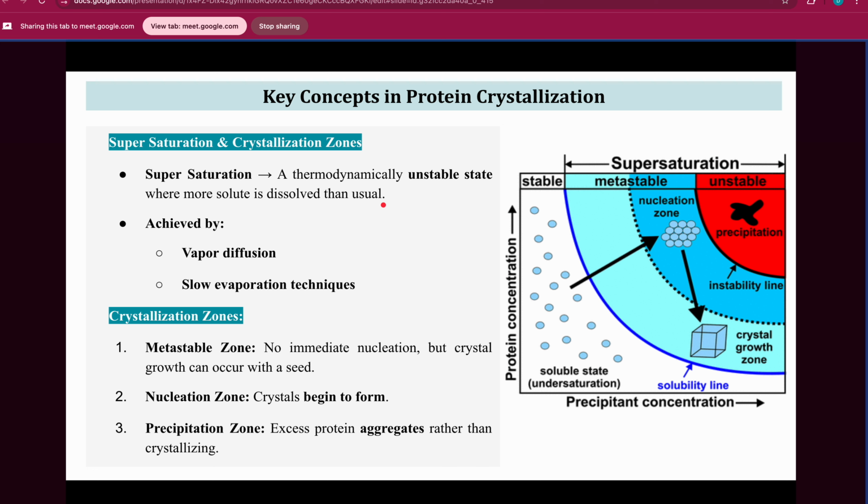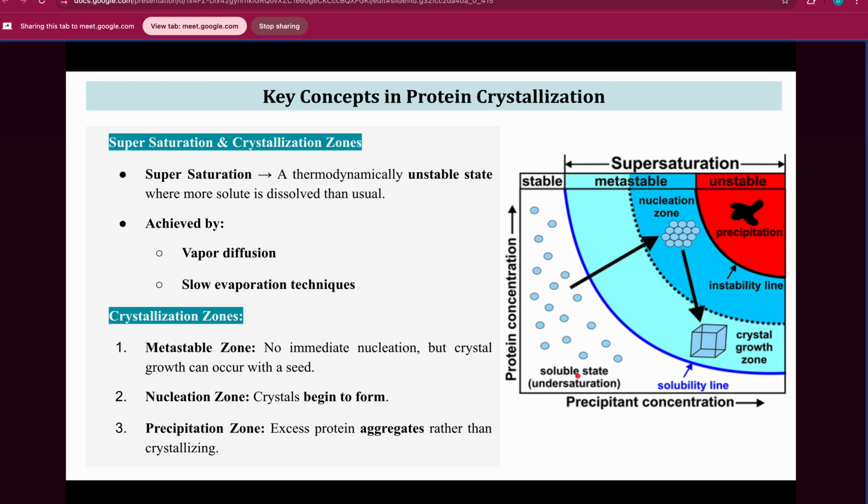As we all know, there is a saturation point where the amount of solute is maximum, above which if we add solute, it will not take it. But in this case, more solute is dissolved than usual. So when we cross that saturation barrier, we have reached the supersaturation phase.